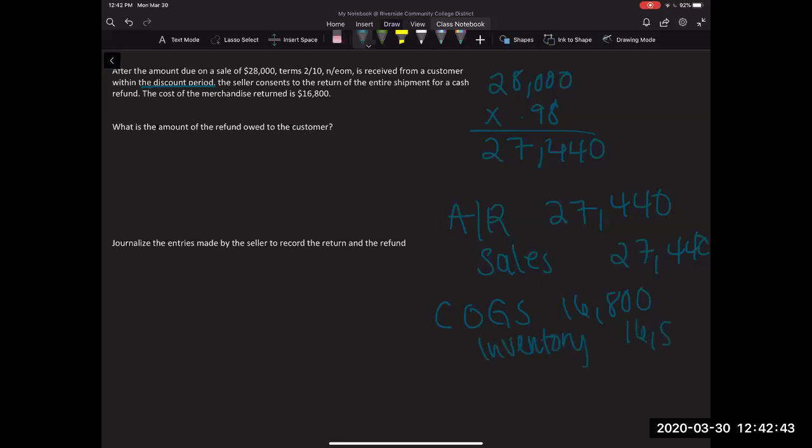Again, they didn't ask for any of this, but I would encourage each of you to get into the habit of writing it out, because most questions, especially as you go through accounting 1A, want to test your knowledge of whether you already understand what the journal entries look like before. Now they said the customer paid this within the discounted period.